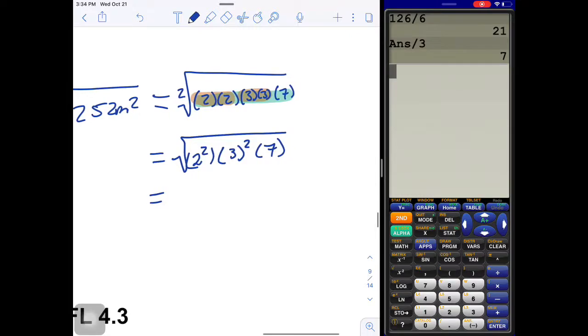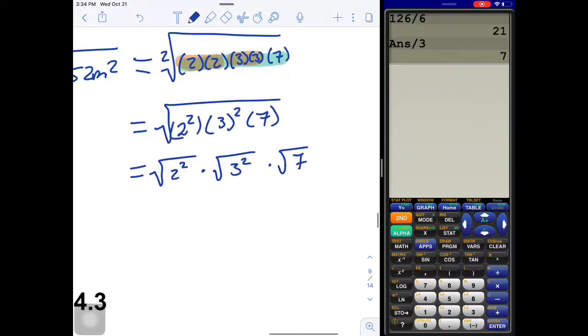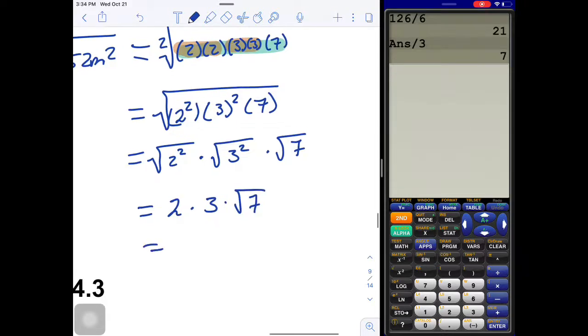And then I can use my product rule. So this can be root 2 squared times root 3 squared times root 7. My square root is canceled out by my square, so this is 2, times 3, times root 7. And then 2 times 3 is 6, root 7.